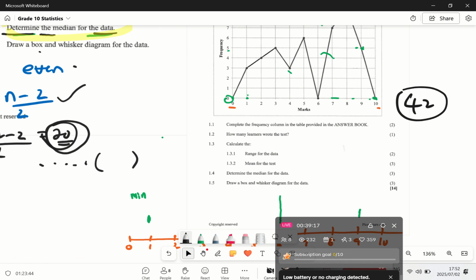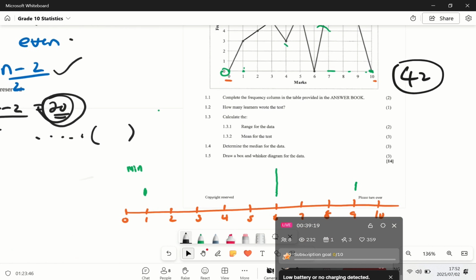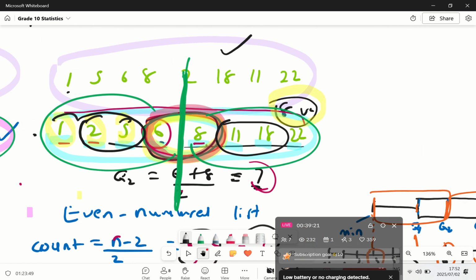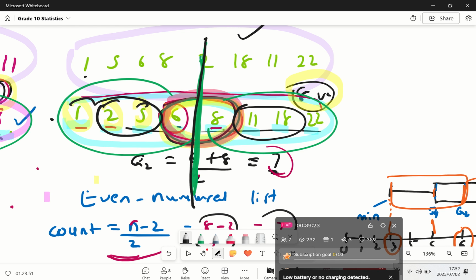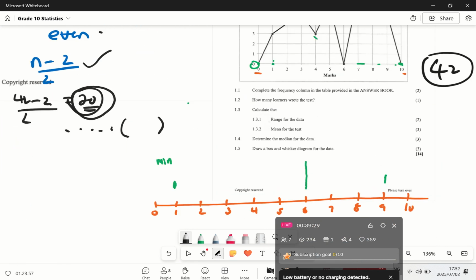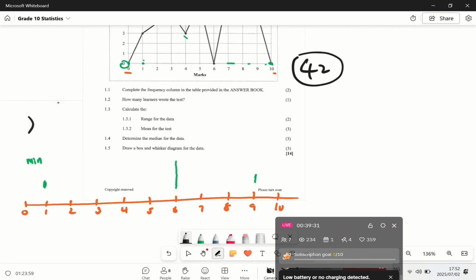So if we were to cut the data into 2 halves, we would do it like this, right? If we talk about 42 numbers, if you cut into 2, we're going to have 21 this side, 21 that side. Do you guys understand? That's how we're going to split the data.